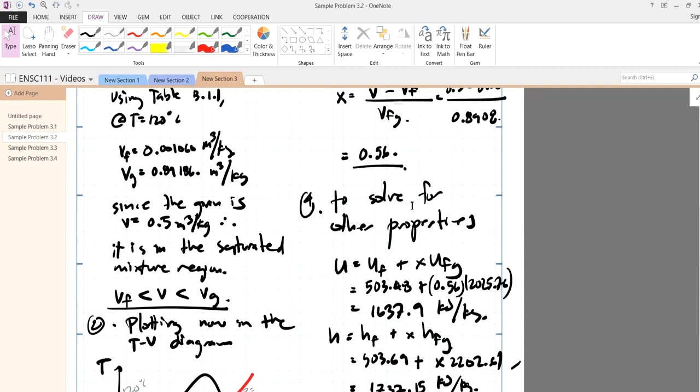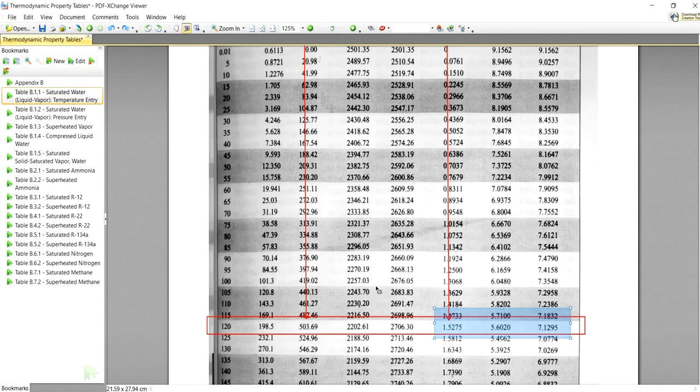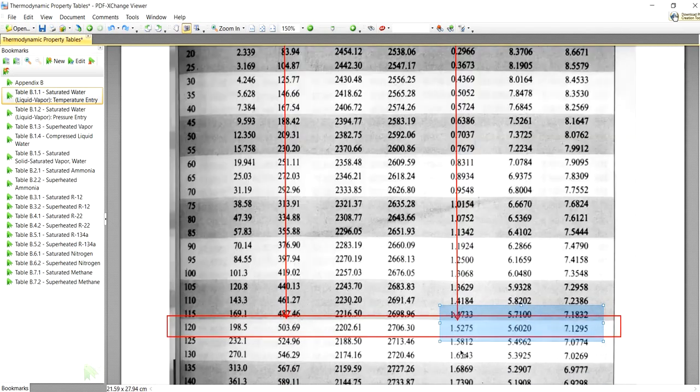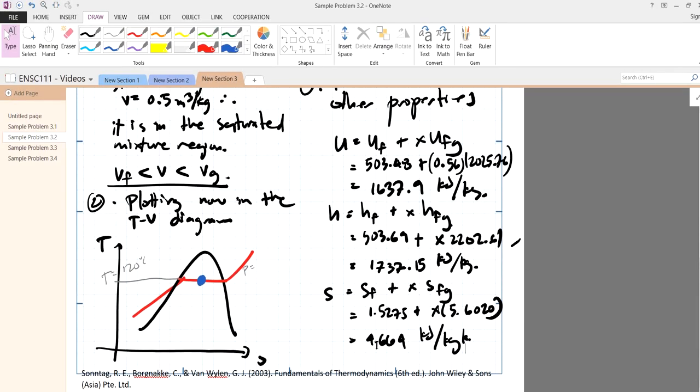Okay, so let's check if the values make sense. Our sf is 1.5275, and sg is 7.1. So we should be somewhere in between 1.5 and 7.1.